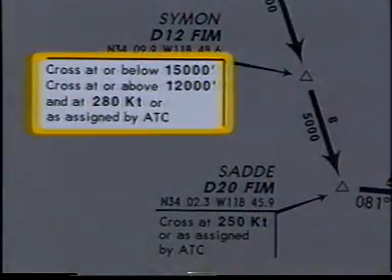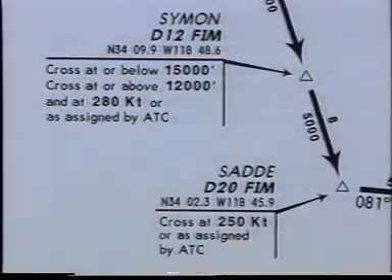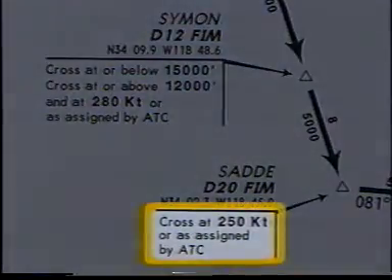For example, you must cross SIMON intersection between 12,000 and 15,000 feet and at a speed of 280 knots. Notice that flight information items which can be read on your instrument panel are shown in bold type. You must also cross SADI intersection at an indicated airspeed of 250 knots.